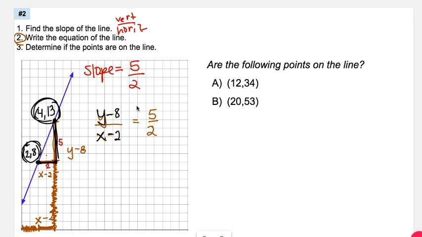So for A, this is our equation. This is number 2. For "are the points on the line," I'm going to take this equation and substitute the x with a 12 and the y with a 34. If the fraction ends up being equivalent to 5 over 2, it's on the line.